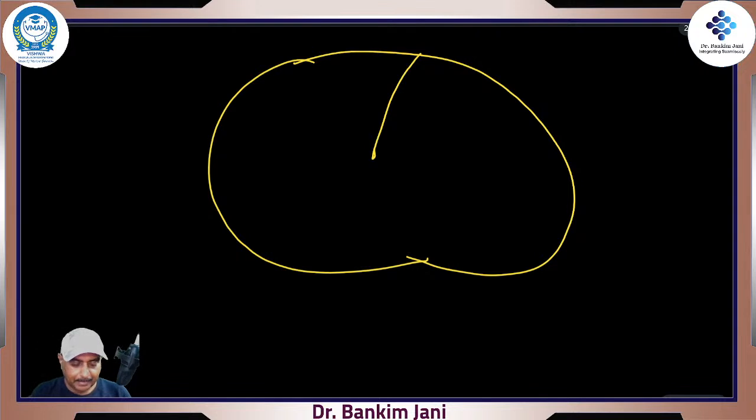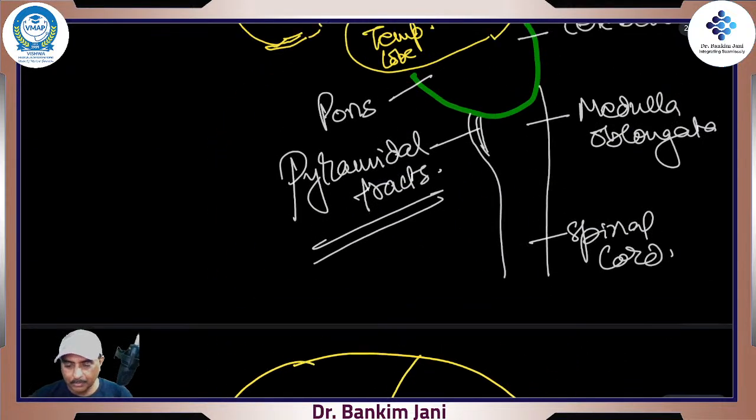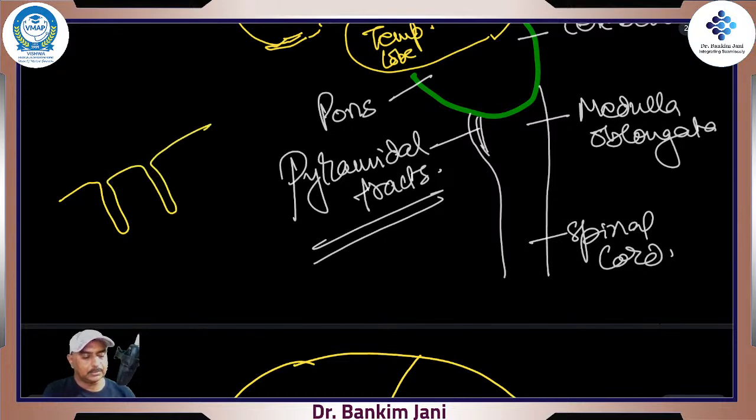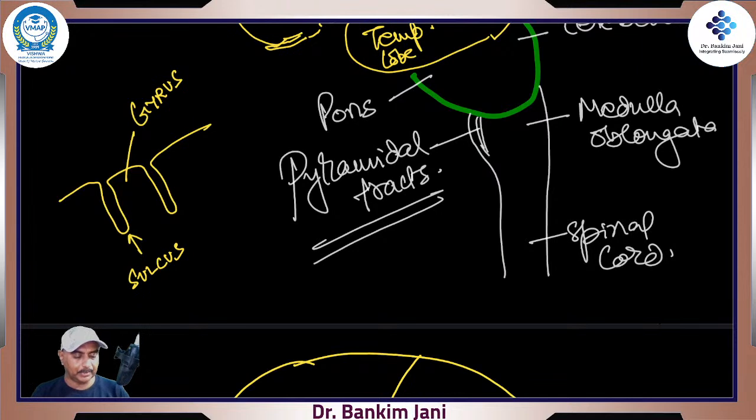To the depth, the brain is thrown into folds. So this is called the sulcus, and this prominence is called the gyrus. So we have sulci and gyri, singular and plural: sulcus, sulci, gyrus, gyri. Gyrus is the prominence.